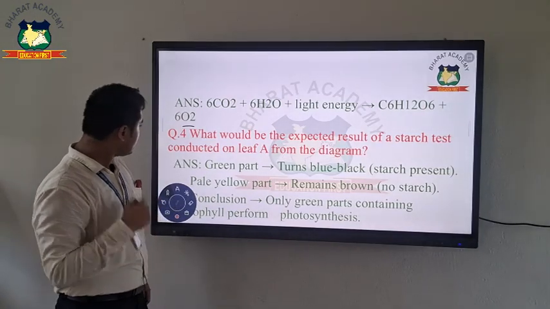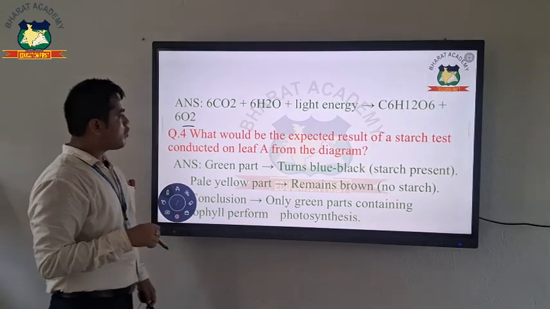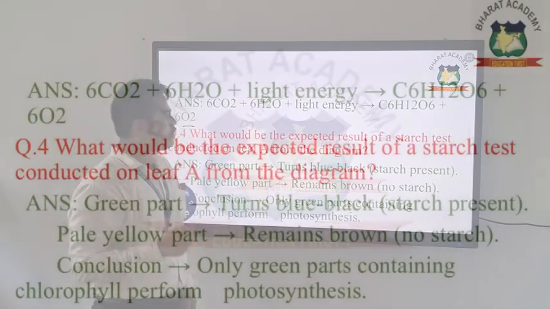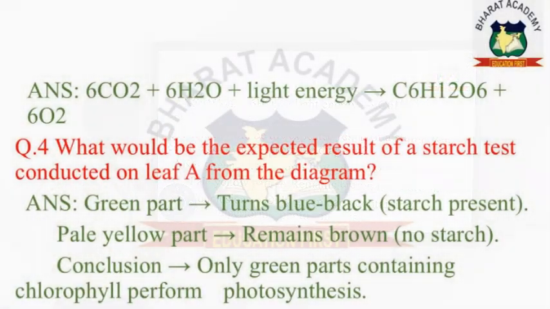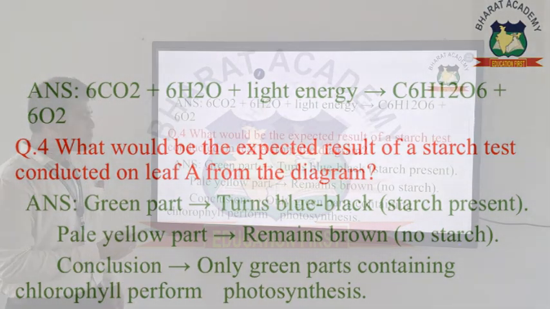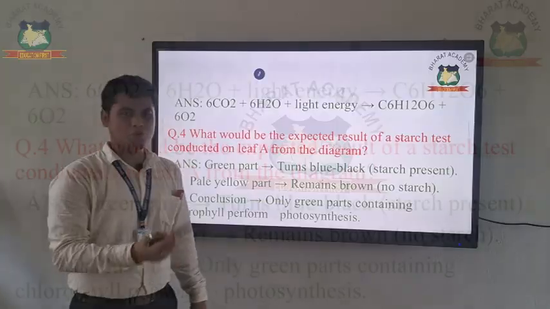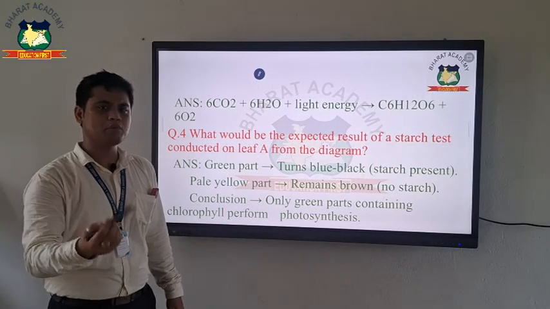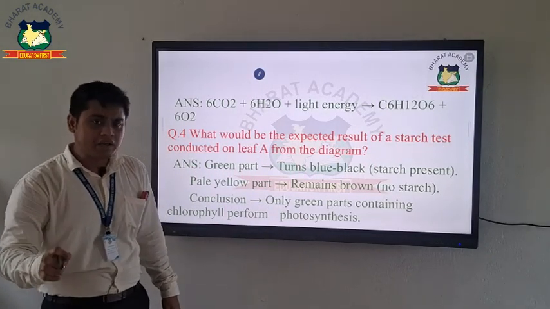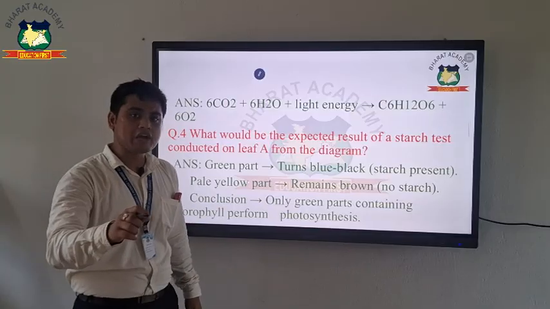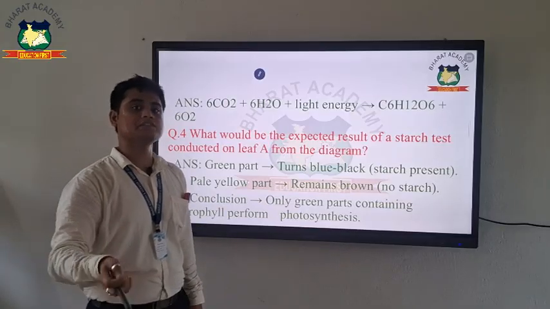In the second question, what would be the expected result of a starch test conducted on a leaf from the diagram? It's very easy. Green parts turn blue, sometimes blue to black, bluish black in color. Why? Because starch, when it reacts with iodine, appears blue to black.